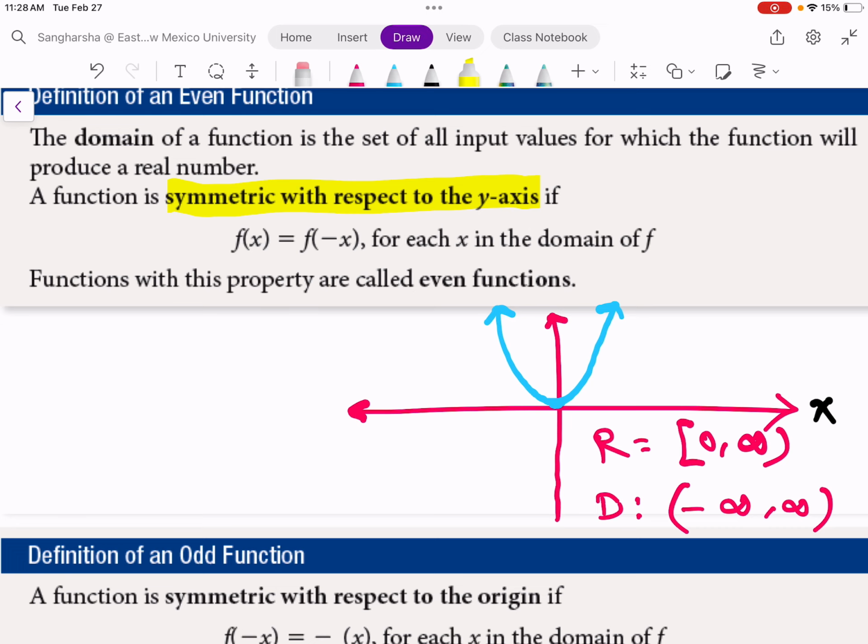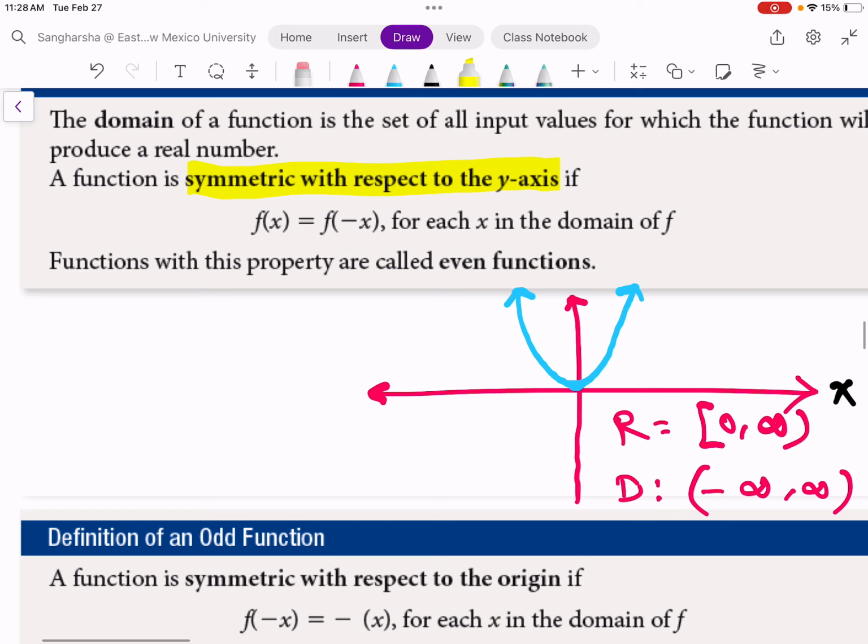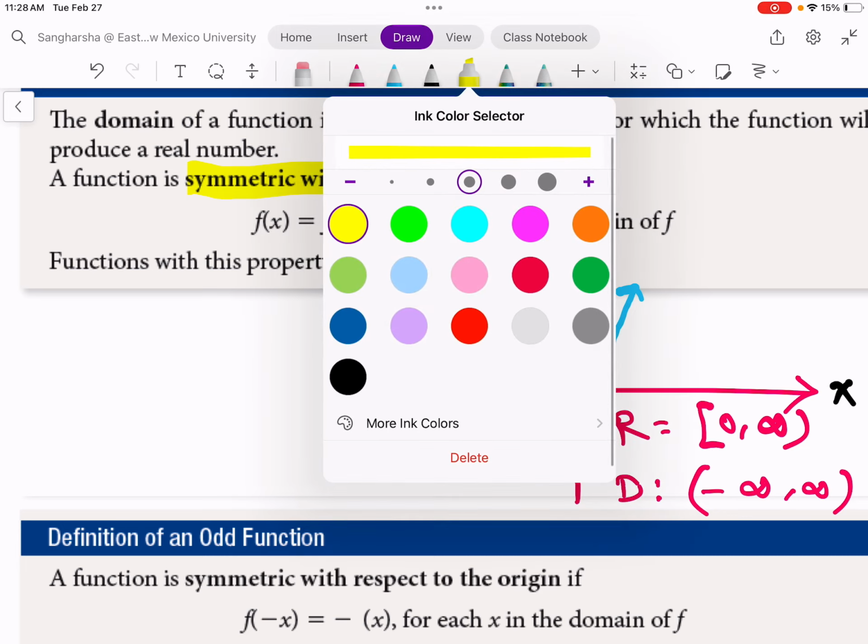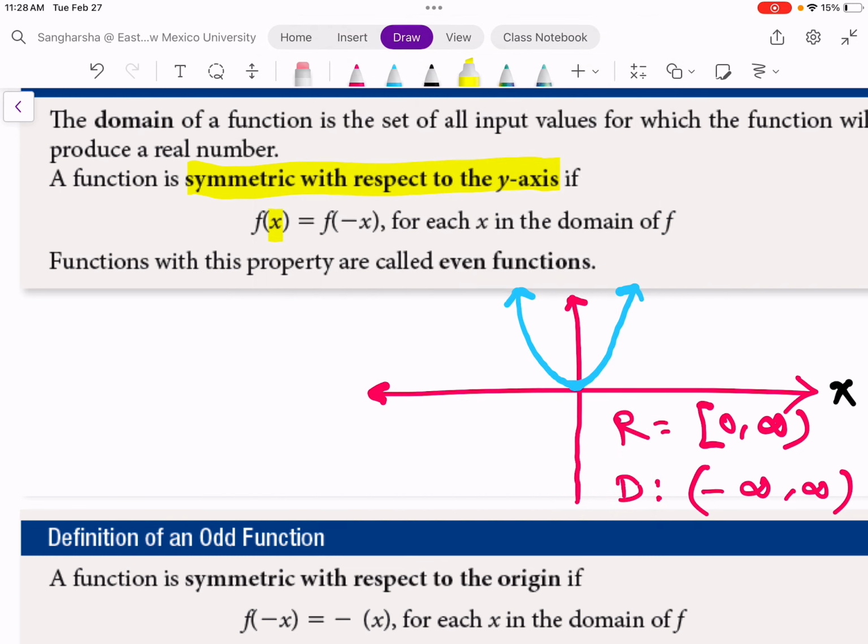So the very first way is, if you have a graph and the y-axis divides it into two identical parts, it is symmetric. The other way to check whether a function is symmetric or not is this: if x is in the domain of a function f, and the negative of that x is also in the domain, then your function is symmetric to the y-axis.